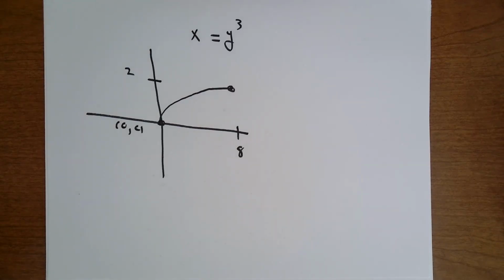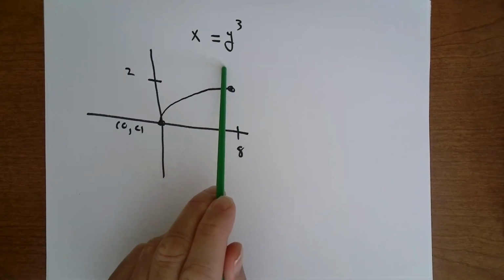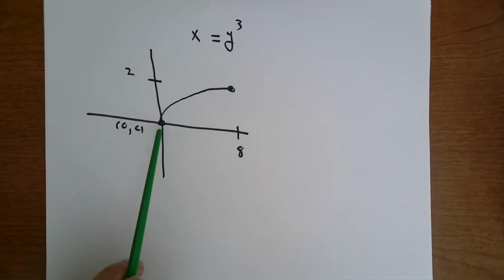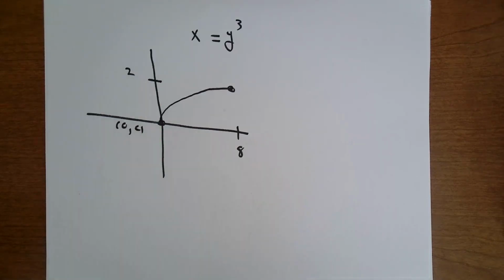In this situation, x is determined by a simple formula involving y, so I'm going to treat y as the independent variable and x is the dependent one, as it's written here. The y goes from 0 to 2.